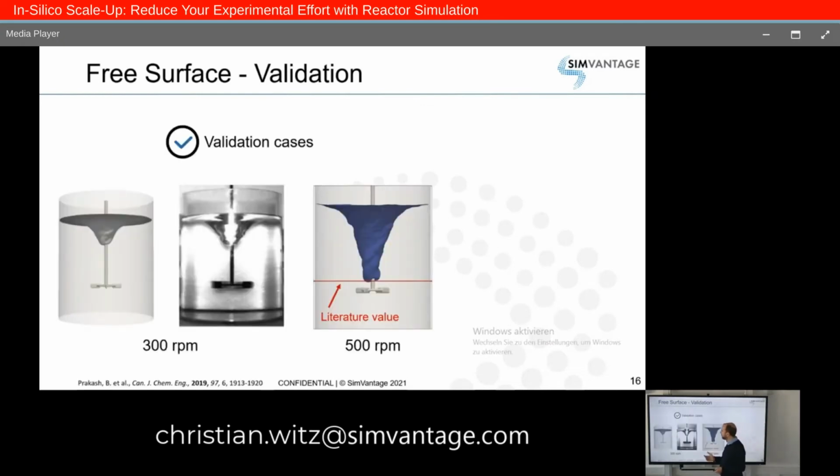And of course, you have to validate this. And the validation cases were done by Prakash, where you can either compare a picture with the simulated one here on the left. You see a very good agreement. Or for the 500 RPM case, he has given a literature value of the lowest point of this vortex, and you see that this agrees as well.